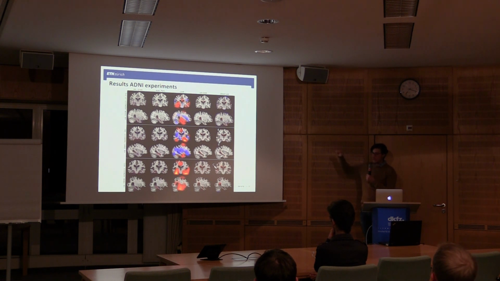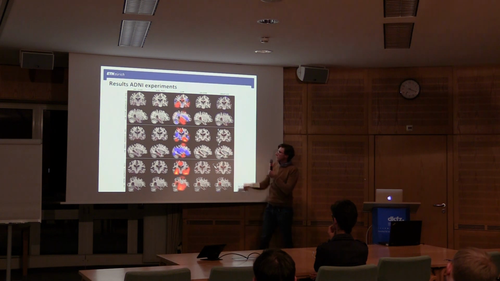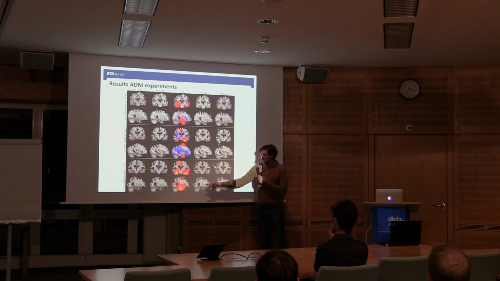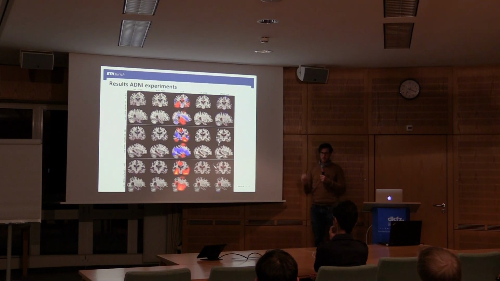Another thing in this plot that's interesting to note is that the subjects are sorted by increasing severity of the disease. And you can see that up here, very few regions get identified, whereas down here, where the patient is at a much later stage in Alzheimer's, the algorithm correctly identifies larger areas of the brain as diseased.